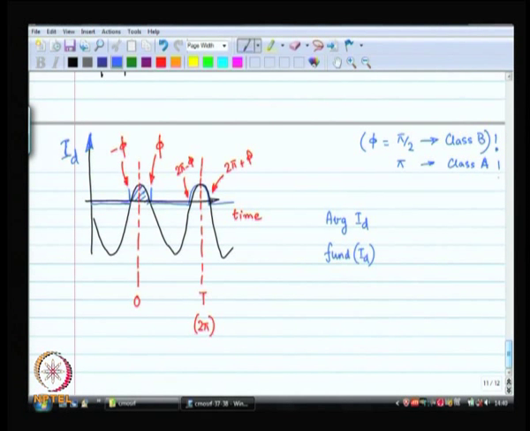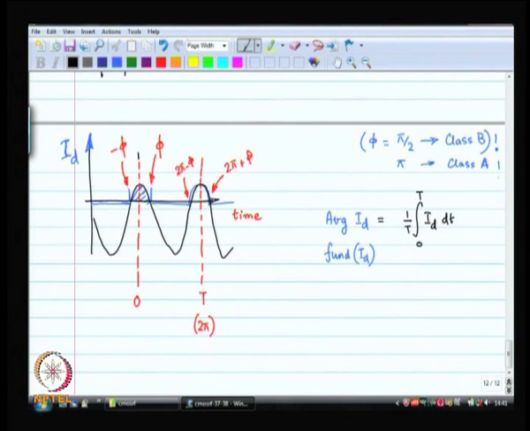Now, average ID is of course something like this, 1 by T integral from 0 to T of I d dt. Why did I put 1 by 2 T? Right. Now, we are going to consider this as our 0.